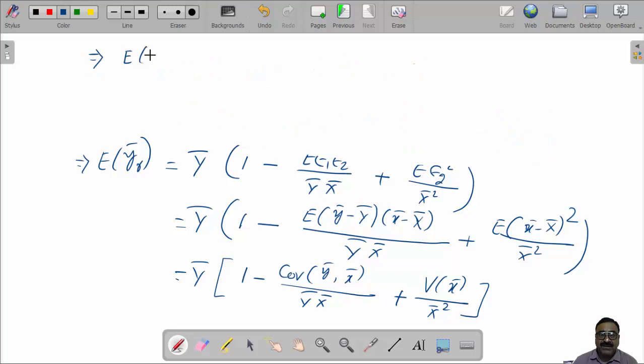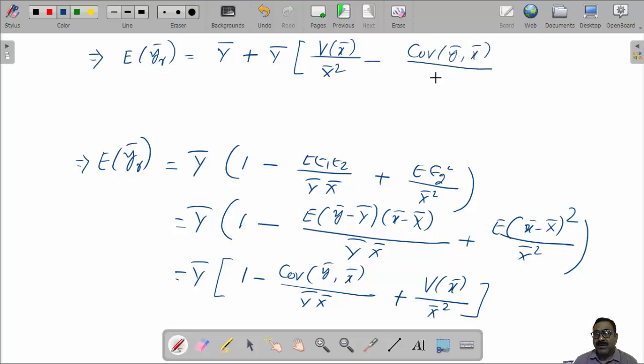This implies expectation of ȳ_R equal to Ȳ plus Ȳ into variance of x̄ by X̄ square minus covariance of ȳ x̄ by Ȳ X̄.